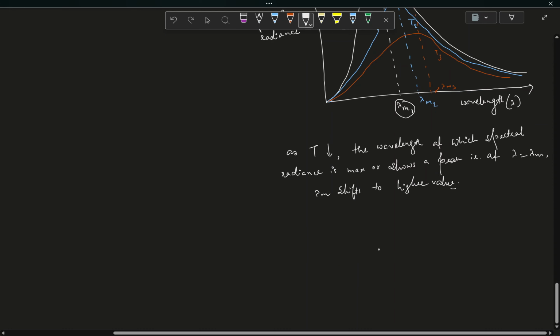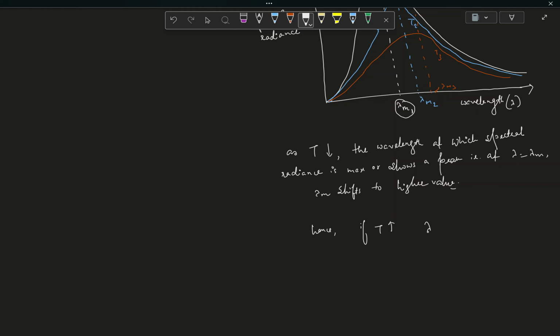That means if T increases, lambda m decreases, and if T decreases, then lambda m increases. Okay, so this is the idea.